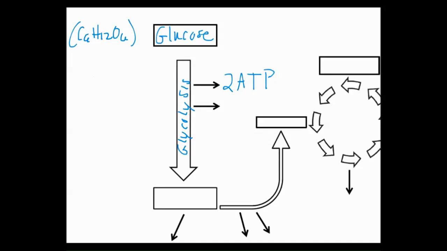The next thing that's going to be produced in glycolysis is 2 molecules of NADH. That may sound familiar to us as well. If you remember back in photosynthesis, NADP plus was an empty electron carrier, and NADPH was an electron carrier that was full.